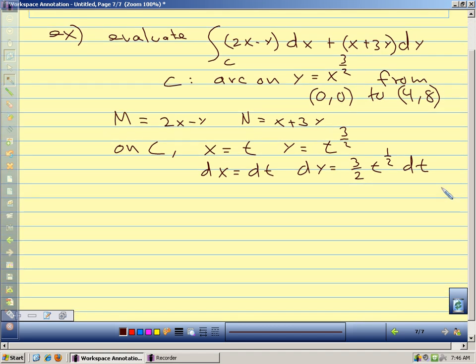And now we're going to represent M and N in terms of x and y, and substitute into our expression for our integral.